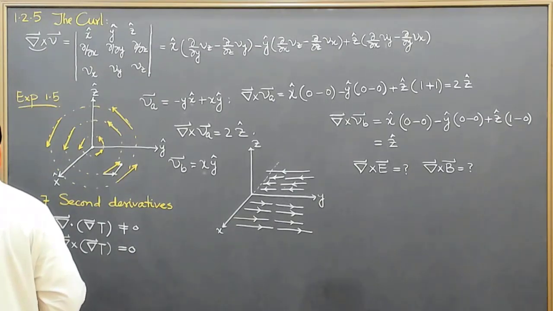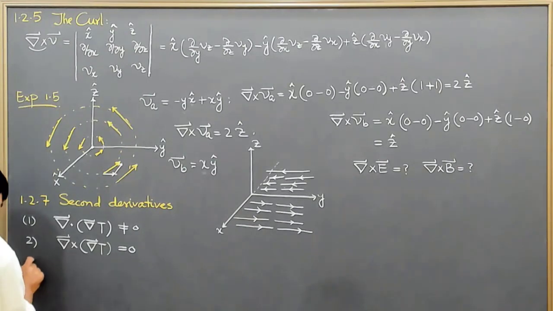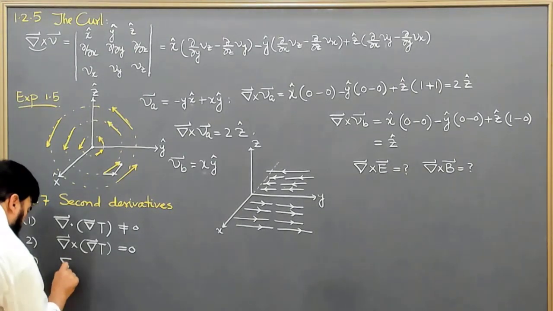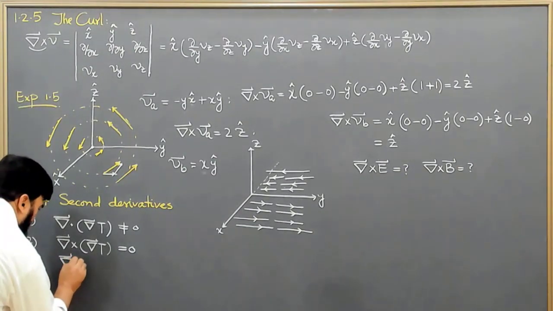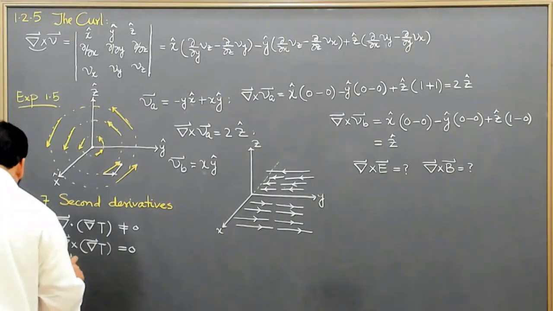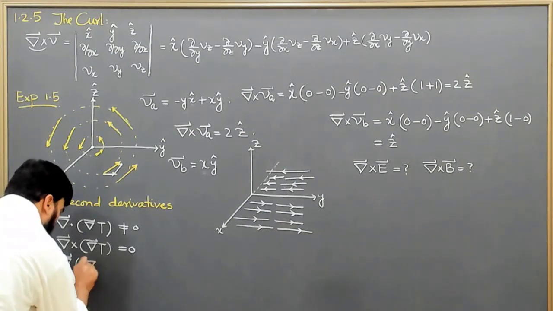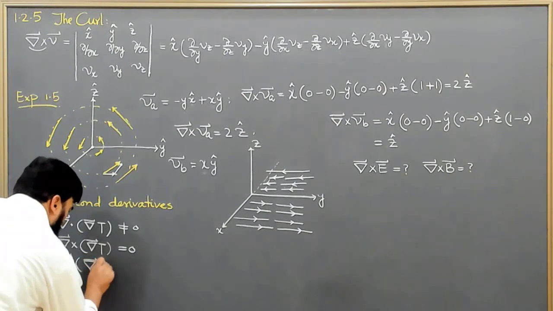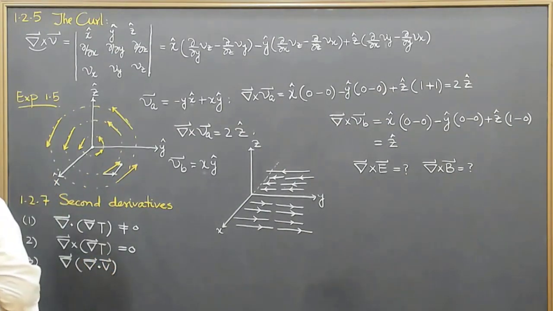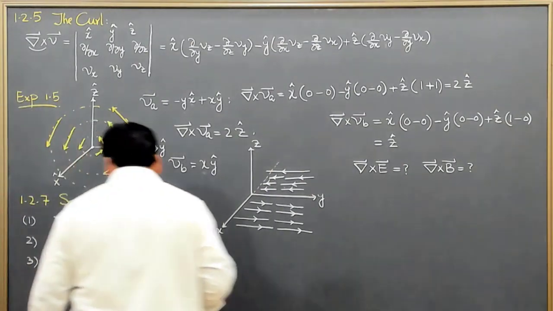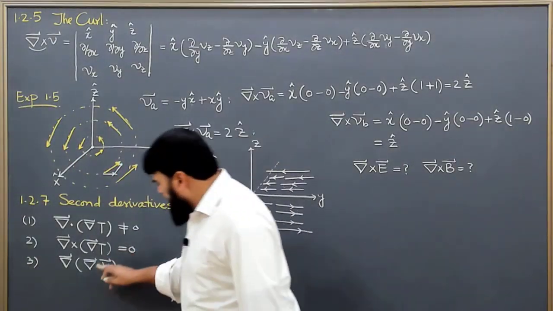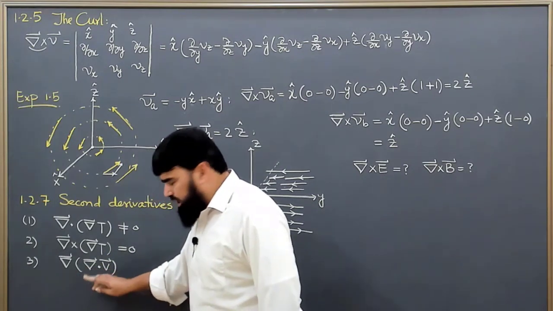And then third, the gradient of the divergence. We are having the divergence of a physical quantity or vector, that is V, and then the gradient of it. So it is also legal to have this thing, because the divergence of V is a scalar quantity.